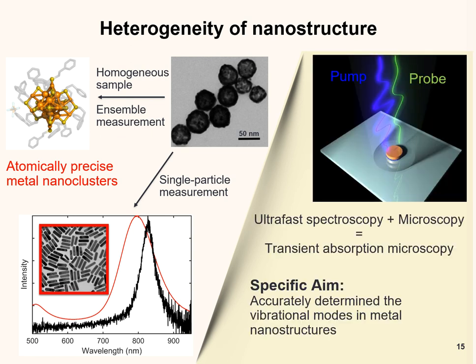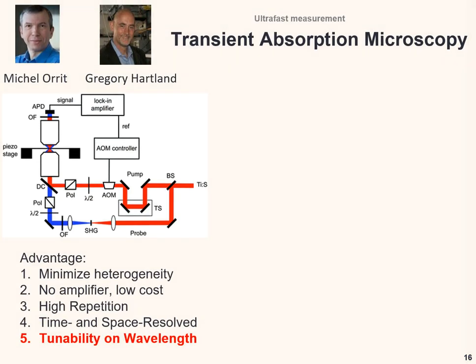The next question is, if I want to accurately understand the plasmonic dynamics, what should we do? People are saying we have to combine. What I have done at RISE is build this transient microscope by combining ultrafast spectroscopy with a single particle microscope together. I'm not the first person to build this instrument.